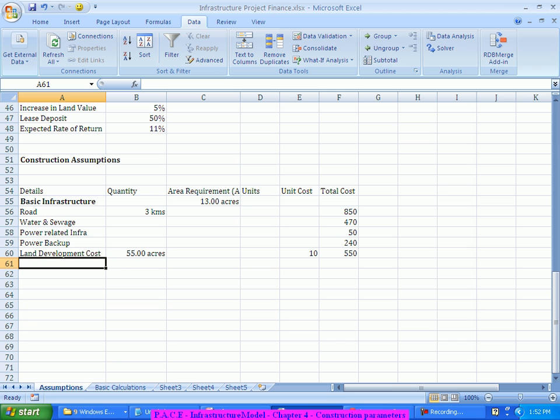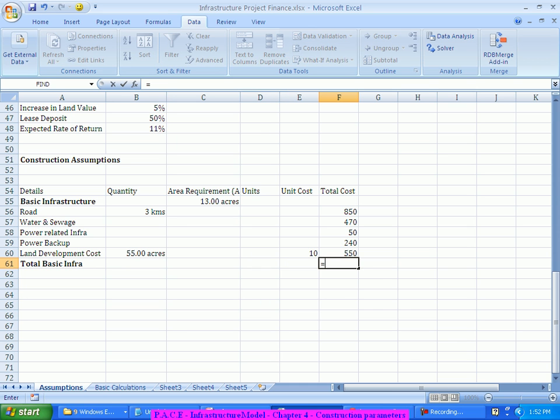You may be developing some kind of a township or something. All these things are very much required even for building of your township. Roads, infrastructure wise, water, sewage. So you can very well see how much thing will cost how much, and based on this also sometimes we take the estimates. Right. So I'll call it as total basic infrastructure.